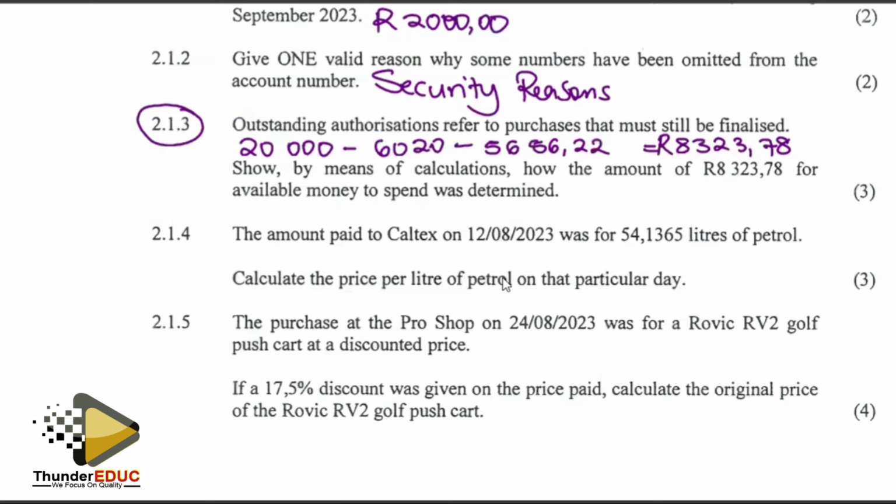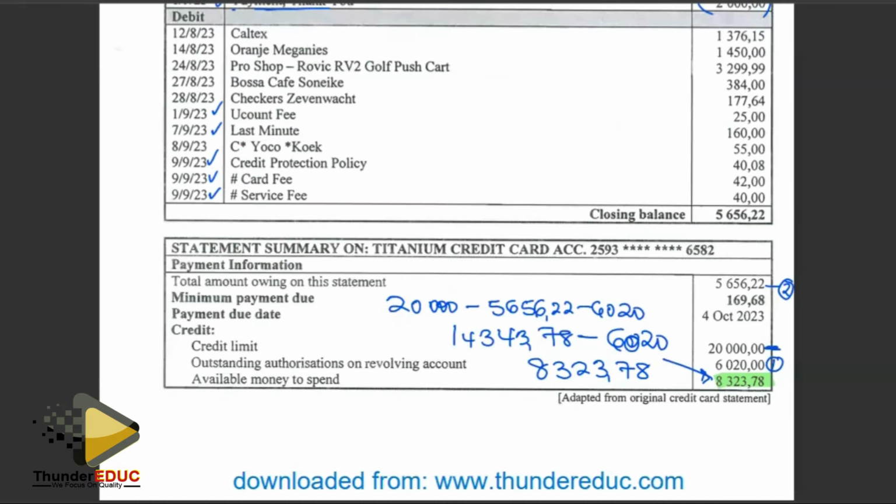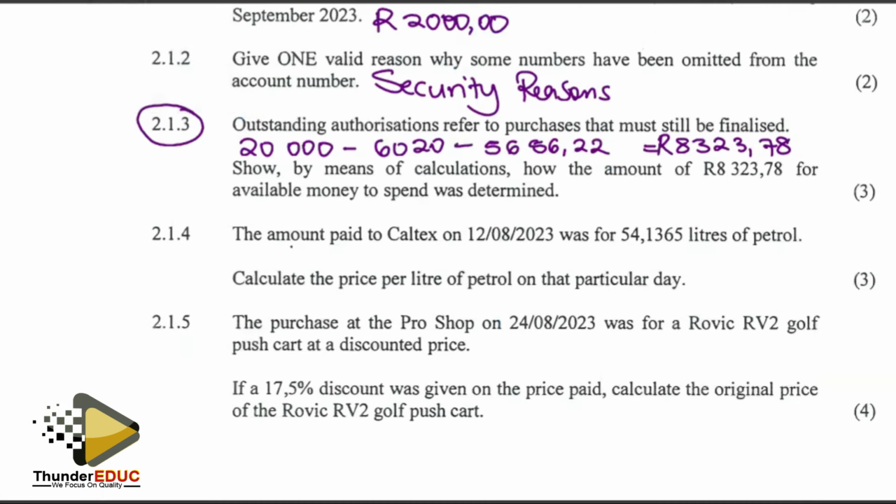All right, the amount paid to Caltex on 12th of August 2023 was for 54,1365 liters of petrol. Calculate the price per liter of petrol on that particular day. Price per liter simply means the price that was paid there, let's go and check. The price paid was 1,376 rands 15 cents.